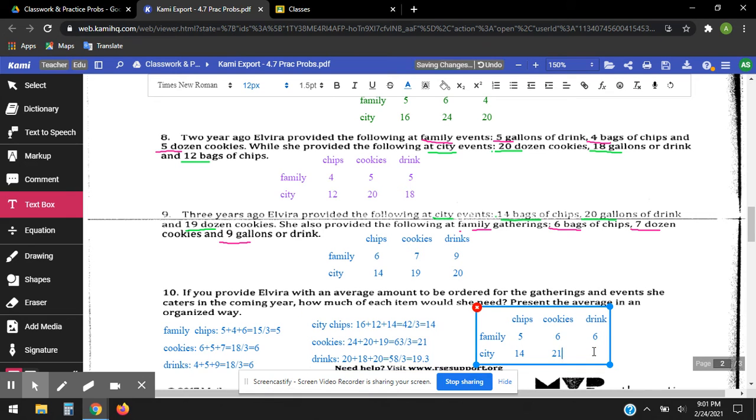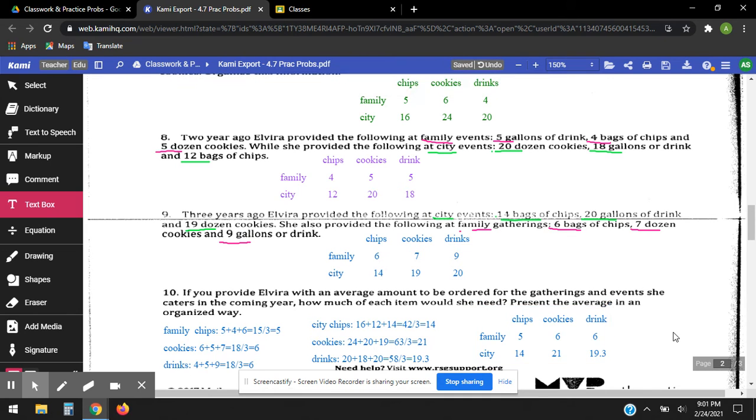So we're going to go ahead and just put that in here as our number. She'll have to decide if she wants to round up to 20 or round down to 19 when she gets to that point. But there we've got everything labeled for her. So it was a good thing that we set this up all in the same order so that it was easy to add an average for our final one.